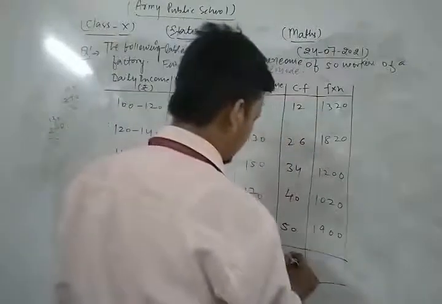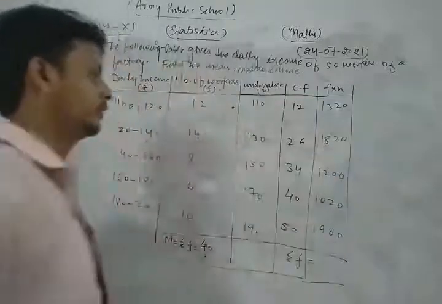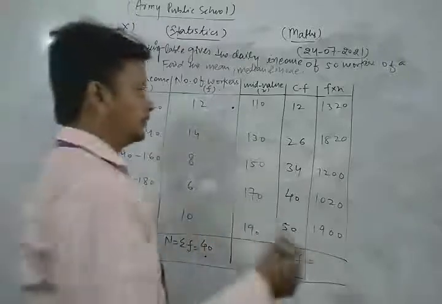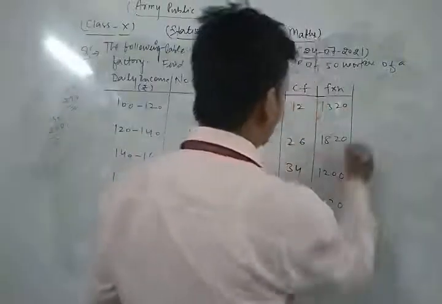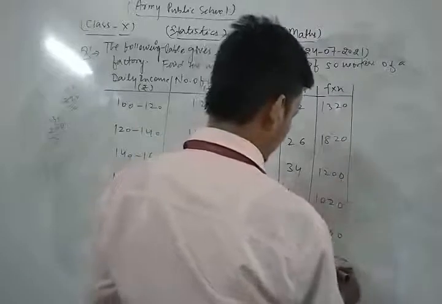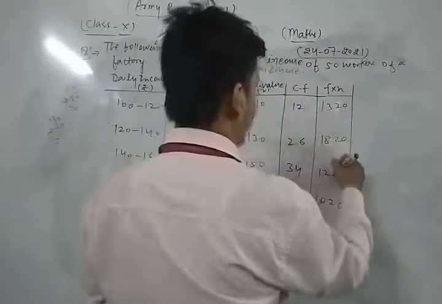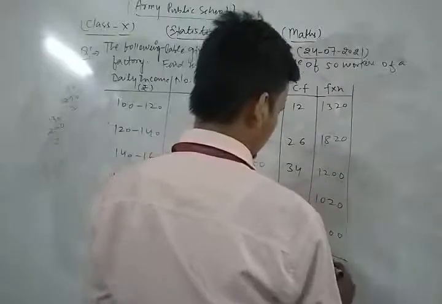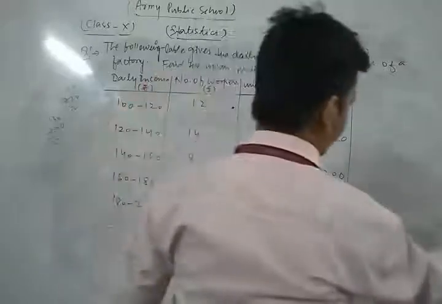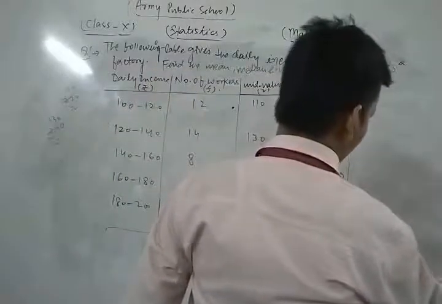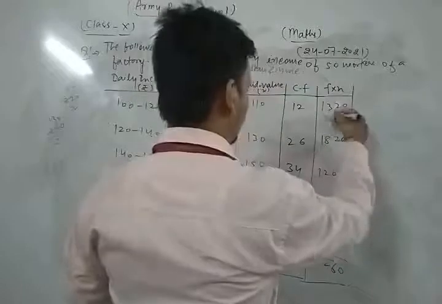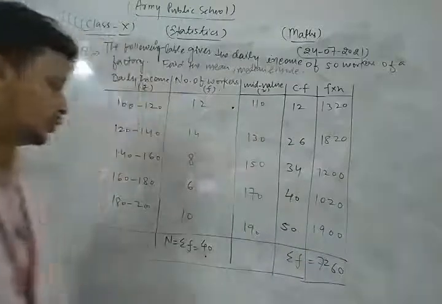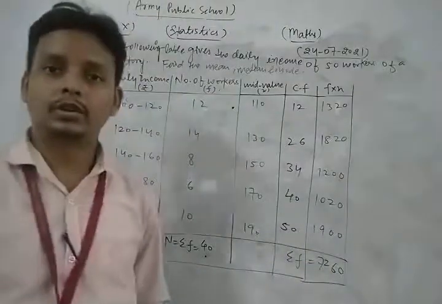Now we also find sigma fx, the sum of the products of frequencies and variables. So we get 7260.